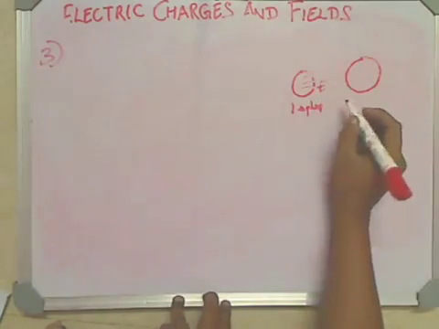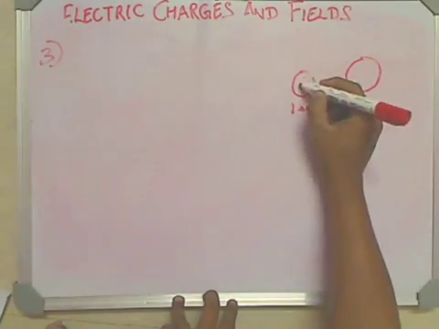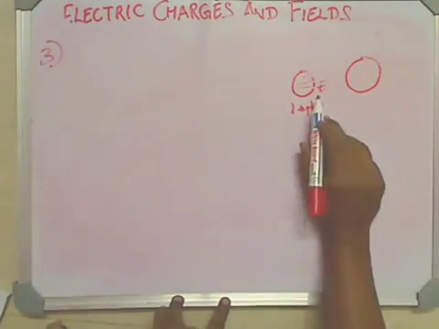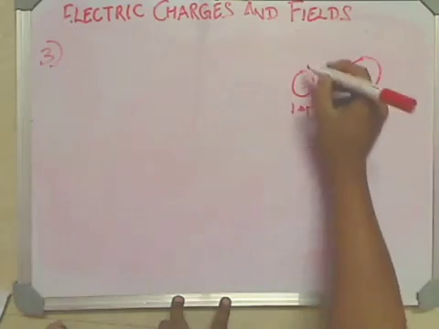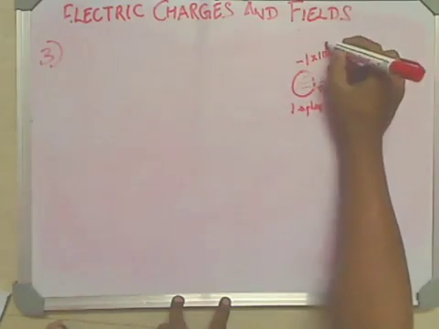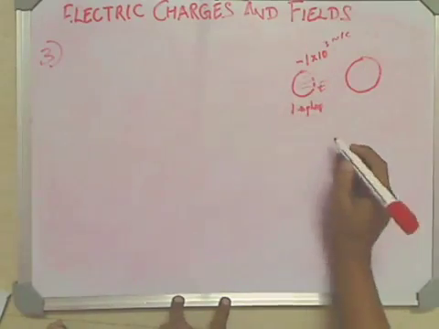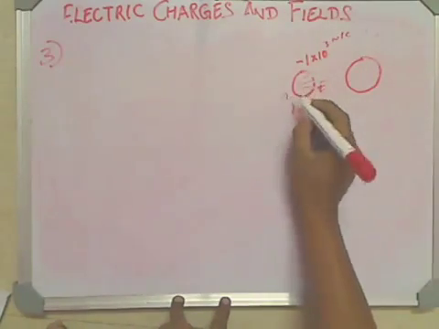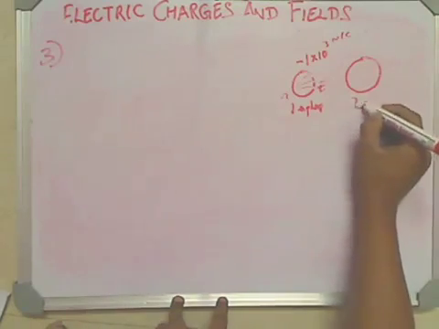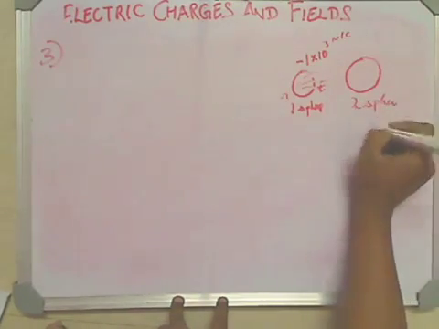The electric lines of force are being caused because of a charge being present here. In the first sphere, the electric flux here happens to be -1 into 10 to the power of 3 Newton per coulomb. Now, if the radius of the sphere were to be doubled, obviously it becomes bigger. In the second sphere, what would be the flux?